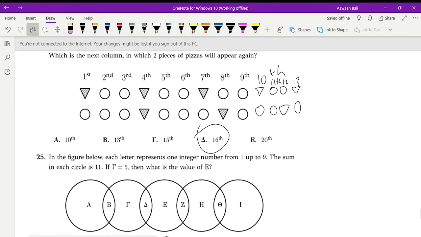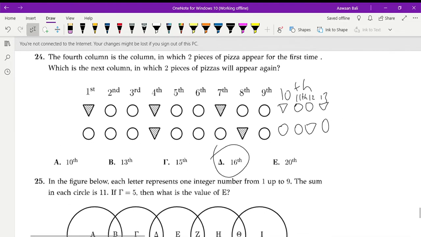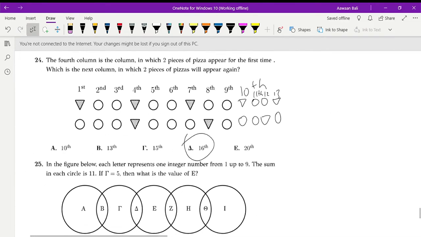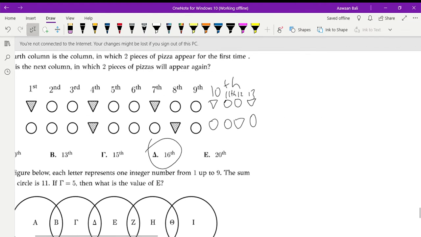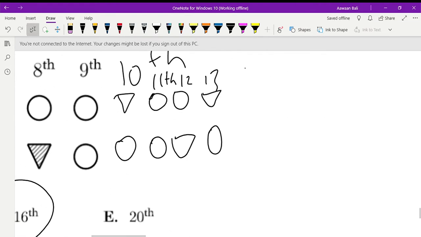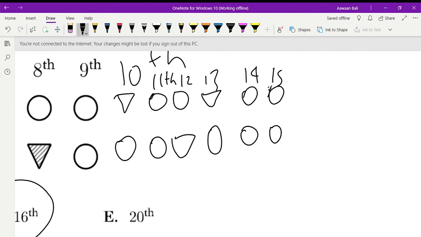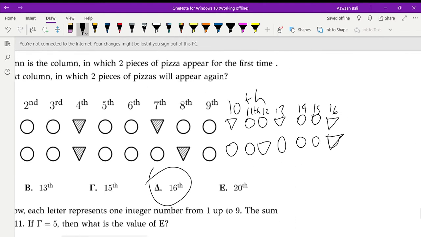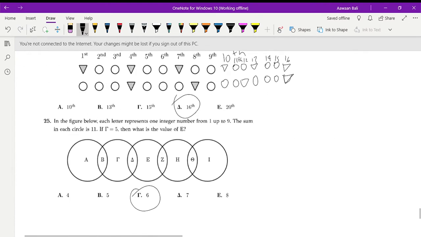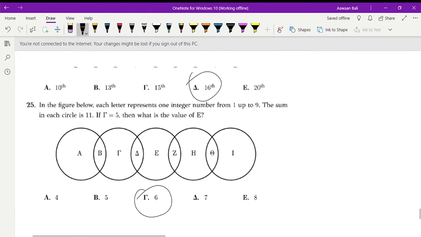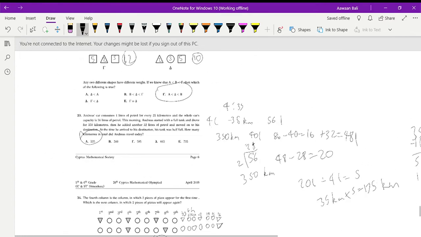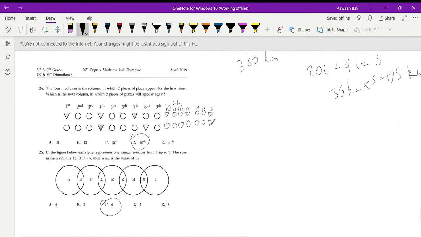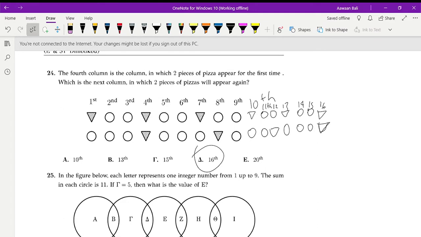Here I'm writing it down because it's not that far away according to the numbers, so I can just draw it and it will help. And then when you go to the 16th place, they both have pizzas, which means on the 16th column 2 pieces of pizza will be aligned together, and that's how you do it. So the answer is delta, the 16th.